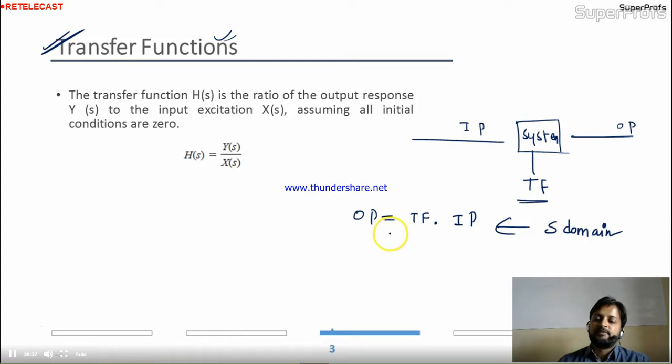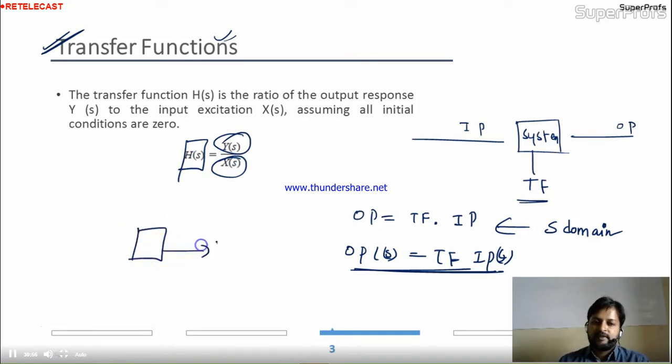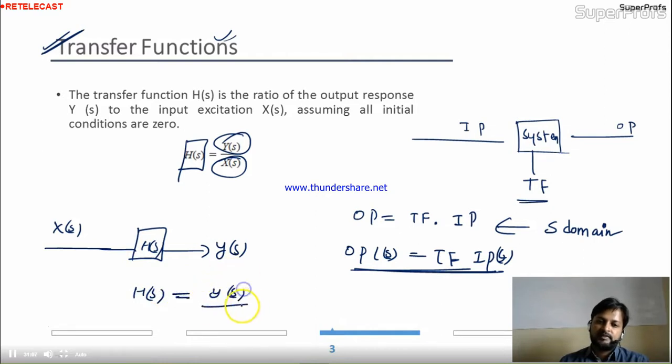The output will be in S domain, TF and input will also be in S domain. Then only this relation exists. So that's why H(s) is the transfer function of the system. H(s) is nothing but Y(s) divided by X(s). Y(s) is the system output, X(s) is the system input, H(s) is the system transfer function, and the transfer function is given by Y(s) divided by X(s). I hope this is clear to you.